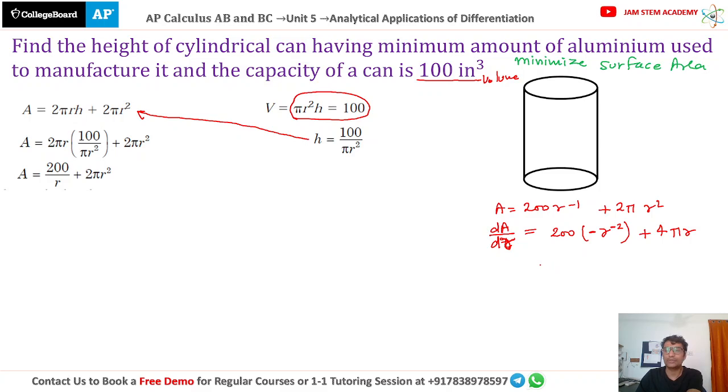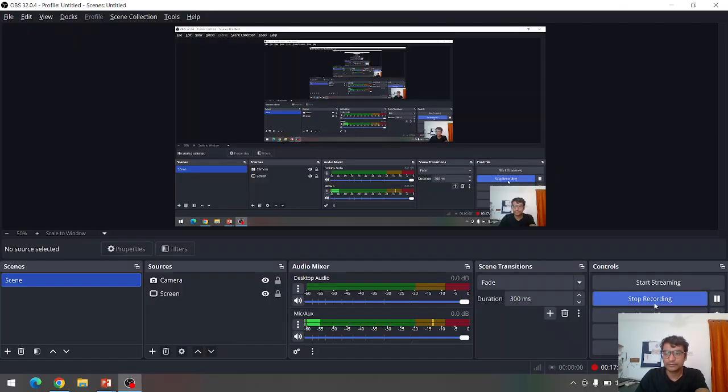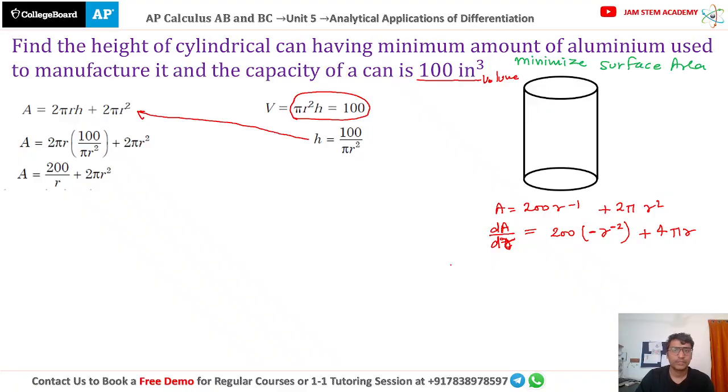So A prime is equal to negative 200 over r squared plus 4 pi r.